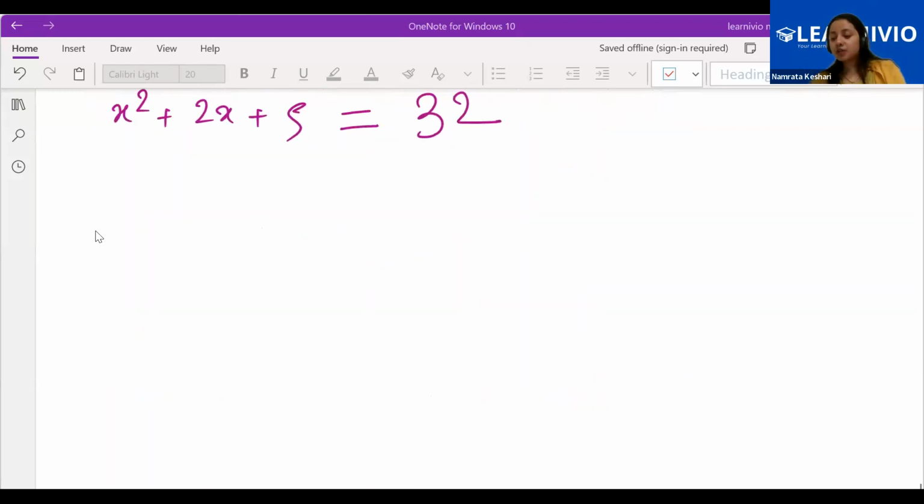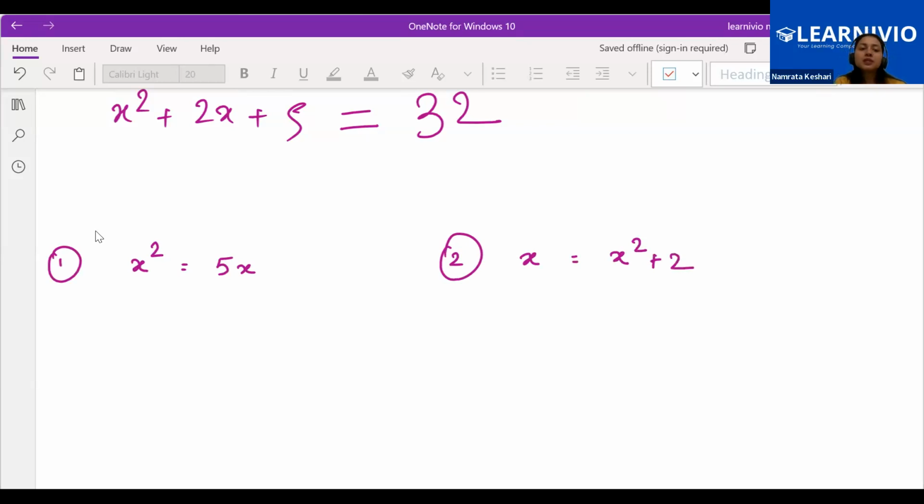Now first thing first, let me take an example from the book. We will be having equations like x square is equals to 5x. Or an equation like x is equals to x square plus 2.